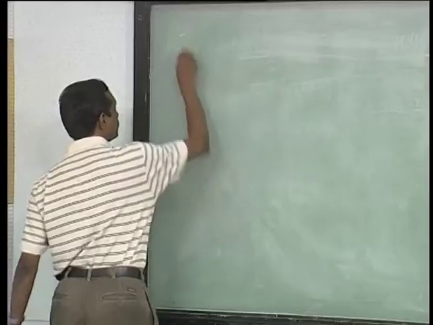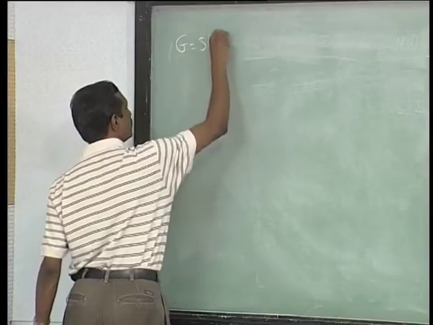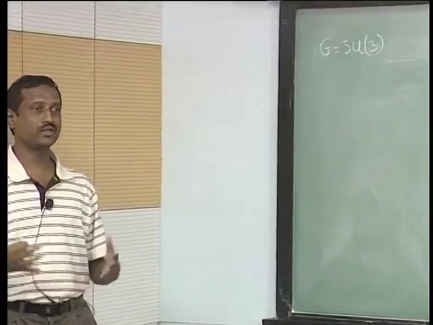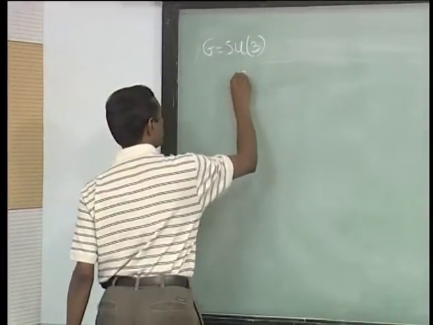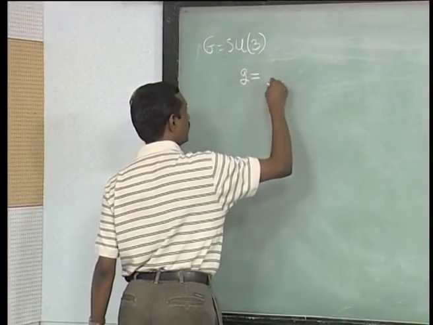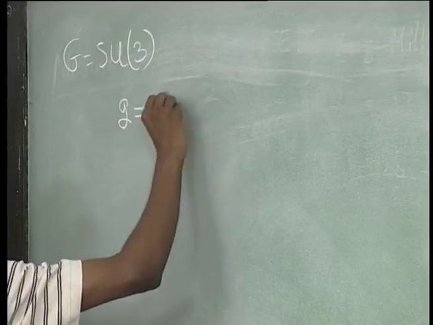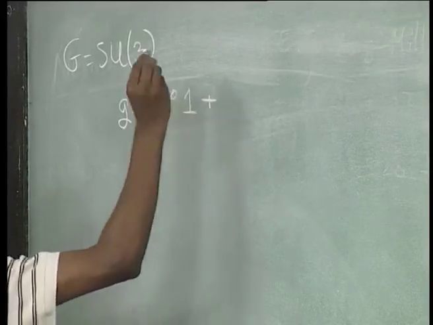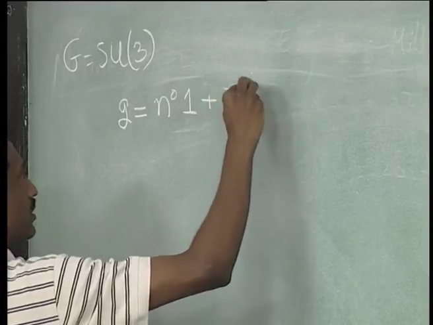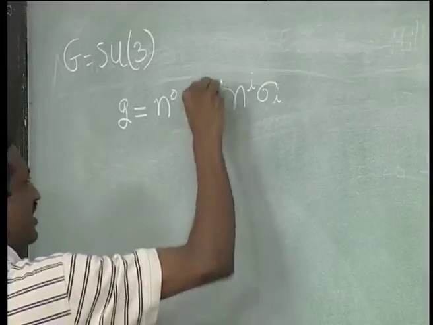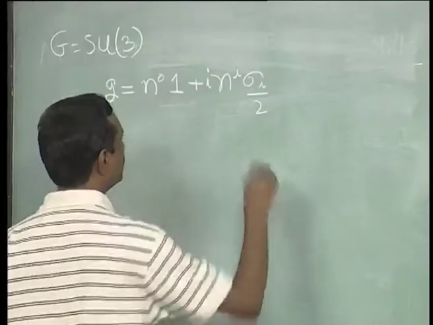So we will stick to only G equal to SU(2), but we have already seen that the SU(2) group manifold is such that you could write any group element as N_0 times the identity plus N_i sigma_i.